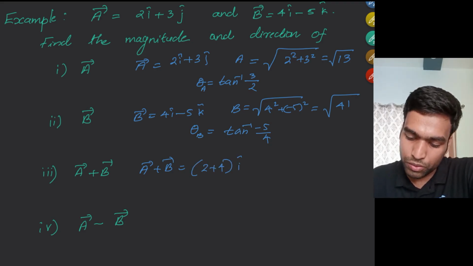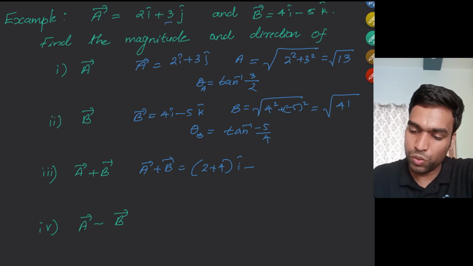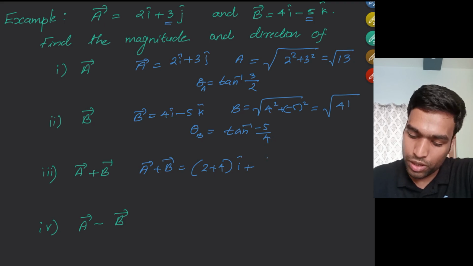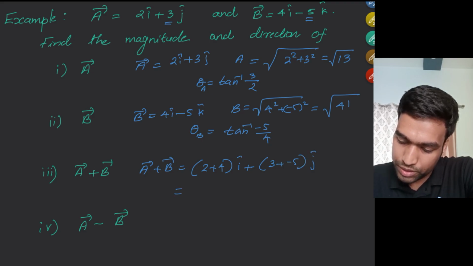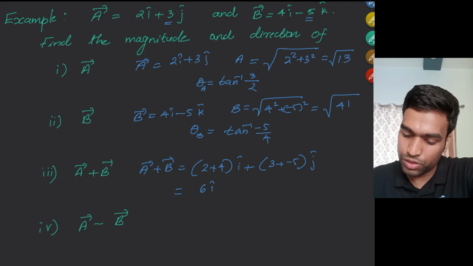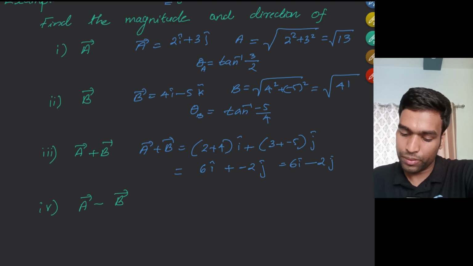So 2 plus 4 i cap, and the y components are 3 and negative 5, so plus 3 plus minus 5 j cap. Which is 6 i cap plus minus 2 j cap, or 6i cap minus 2j cap, right?